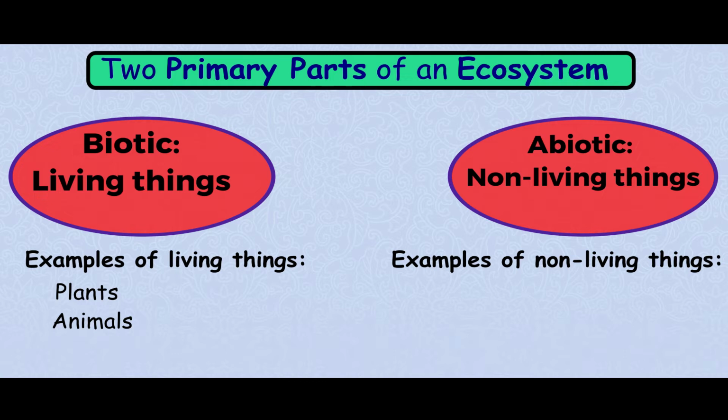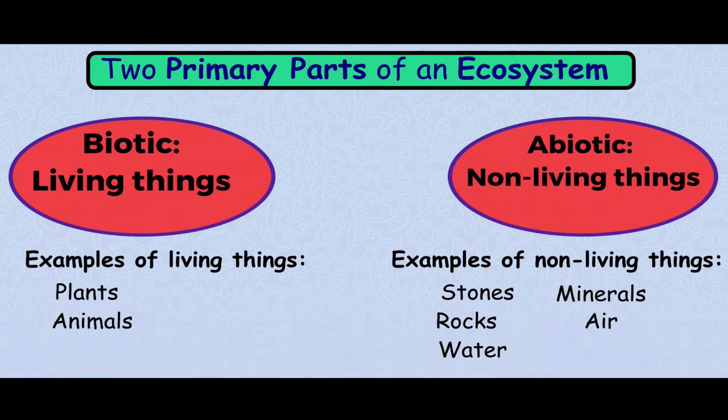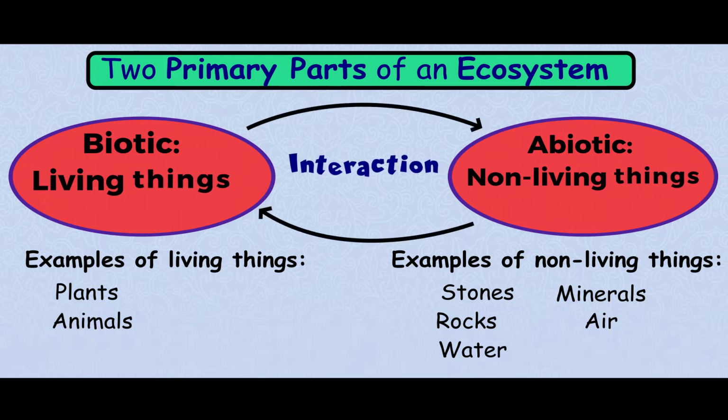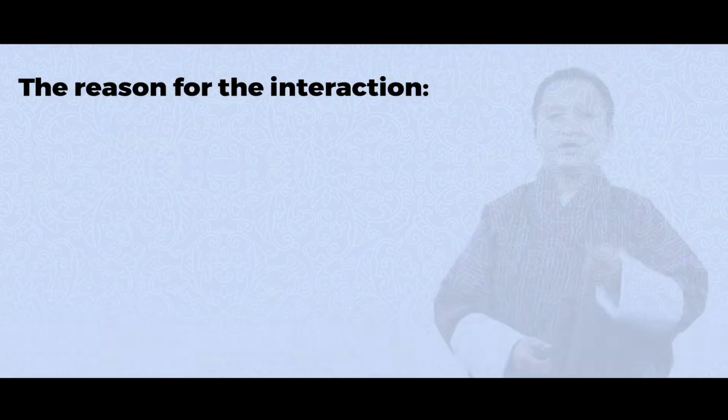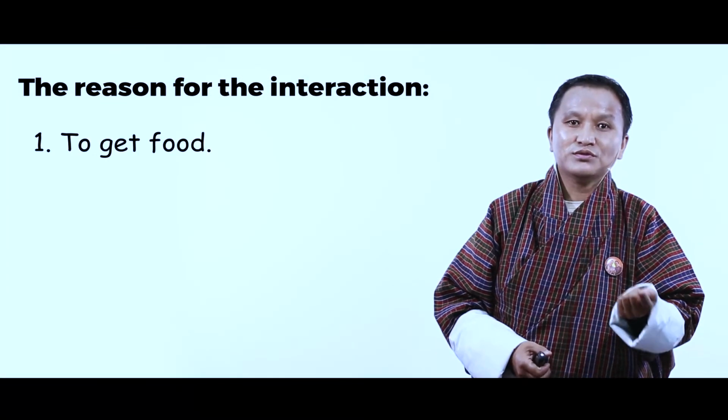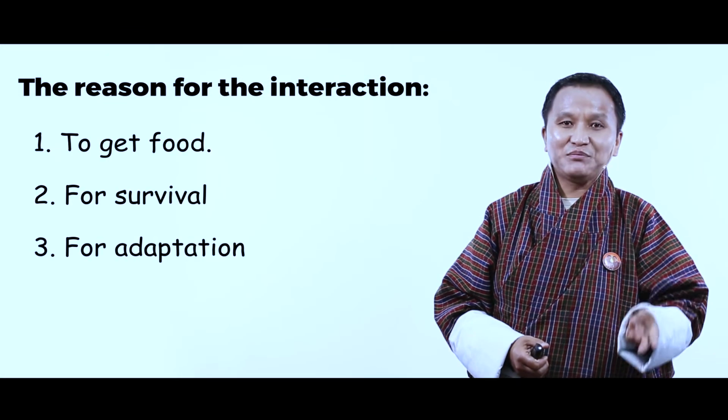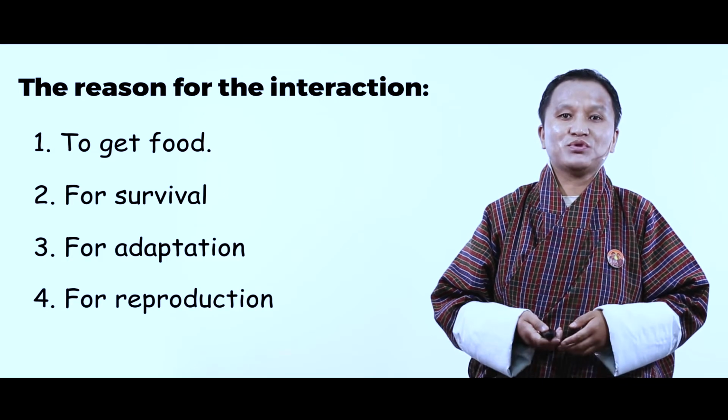The non-living things include the stones, the rocks, the water, minerals, air, and other conditions with which the living things will be interacting. So basically, in an ecosystem, you will find that the biotic components and abiotic components are constantly interacting for so many reasons. The reasons could be to get food, for survival, for adaptation, and for reproduction.